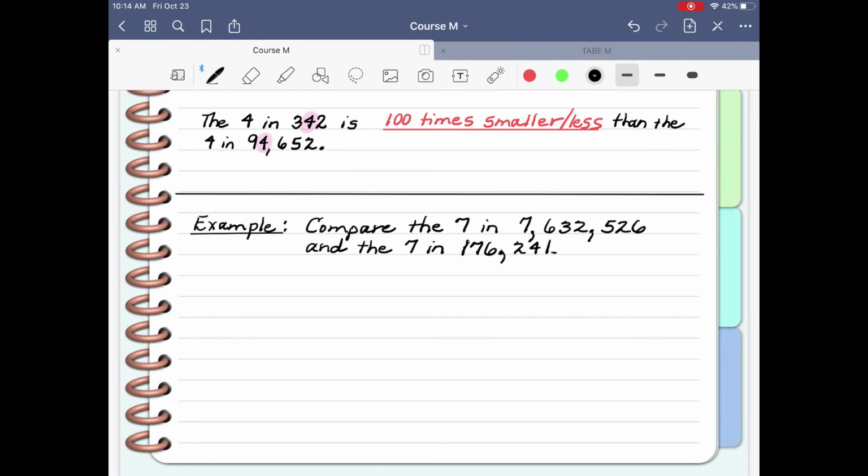And I'm just making up numbers. You can do this with any numbers you want.